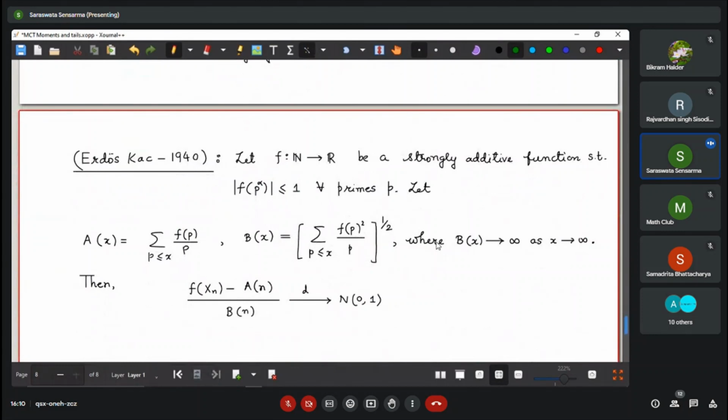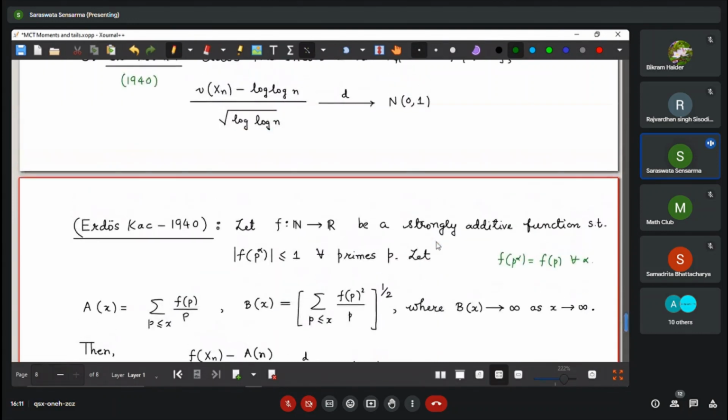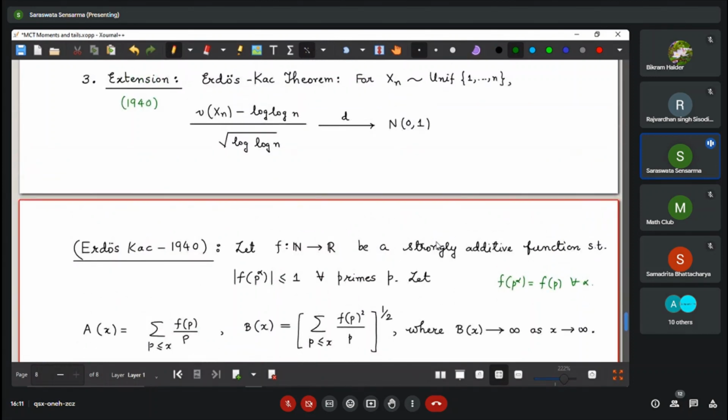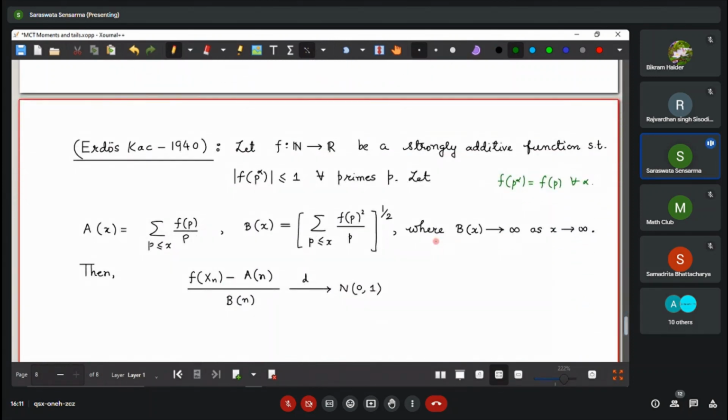generalization: if you have a strongly additive function, whatever that means. You know what an additive function is. Strongly additive just means that f of p to the alpha is f of p for all alpha. Then you can again define these quantities a of x and b of x, which in our case are exactly the quantities that we got, and if b of x goes to infinity as x goes to infinity, then this result holds.